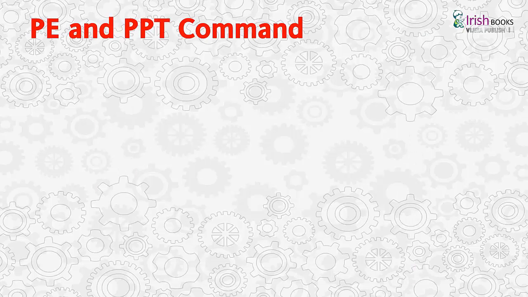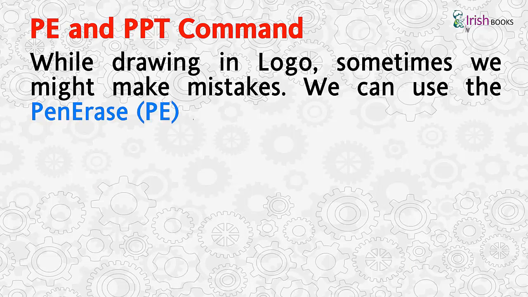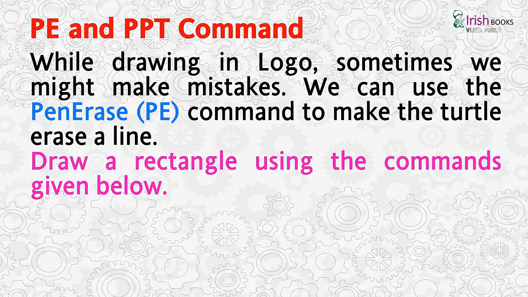PE and PPT command. While drawing in Logo, sometimes we might make mistakes. We can use the pen erase PE command to make the turtle erase a line. Draw a rectangle using the commands given below.